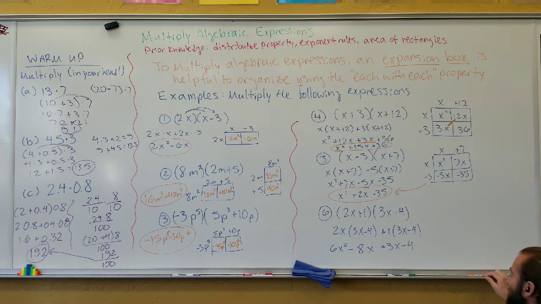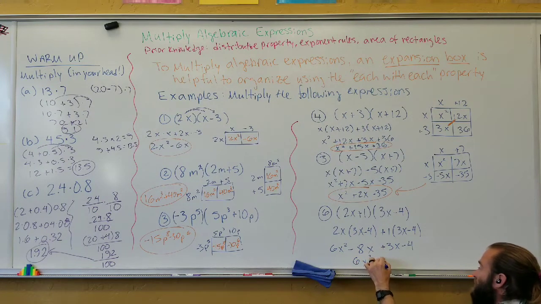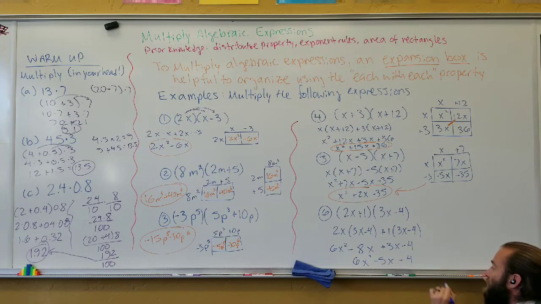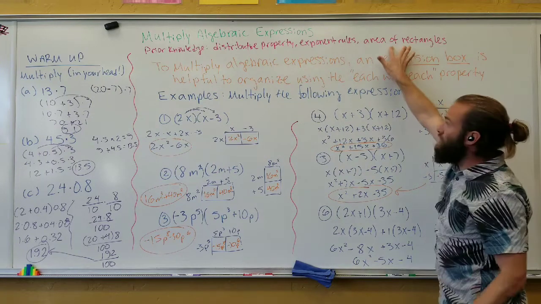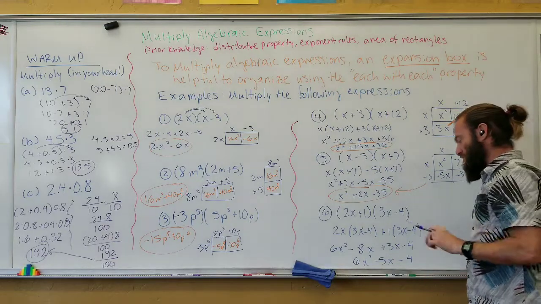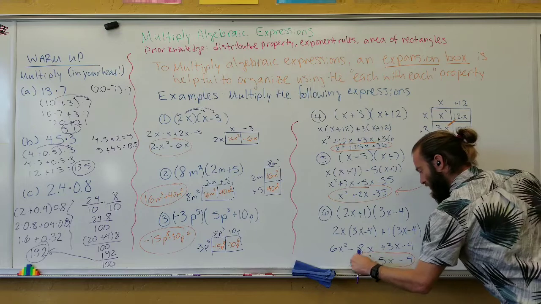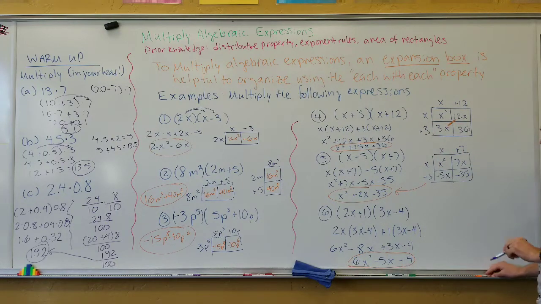Okay? But then we do have these like terms, so we have 6x squared minus 5x minus 4. Negative 8x plus 3x is important. I guess I could have written up here in our prior knowledge about adding or subtracting integers, especially with negatives, but that's often going to come up. So there's our solution for that.